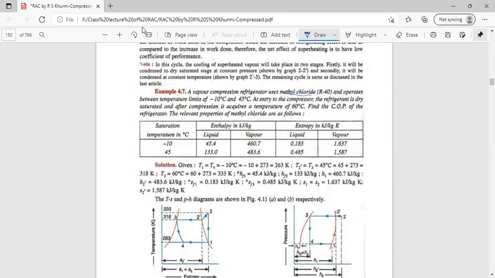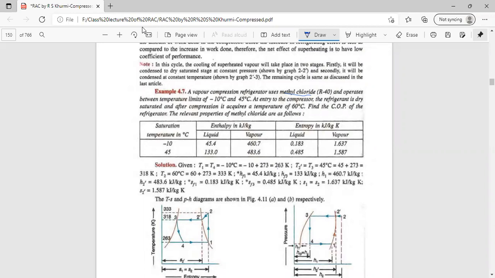Although it is not at the entrance of the condenser, from here the isothermal condensation takes place. So T2 dash is equal to T3. T3 is the temperature of the refrigerant at point 3, where it is in the wet saturated condition.